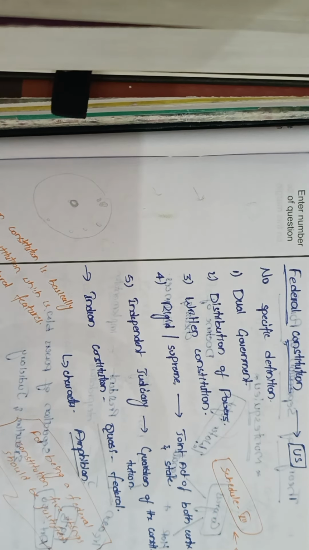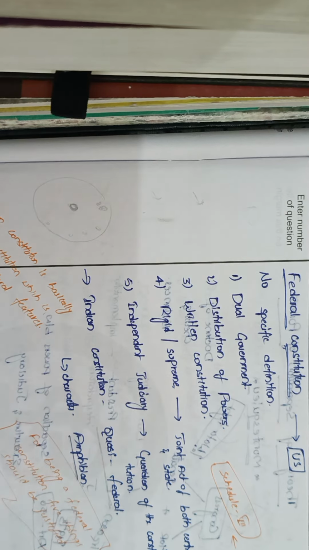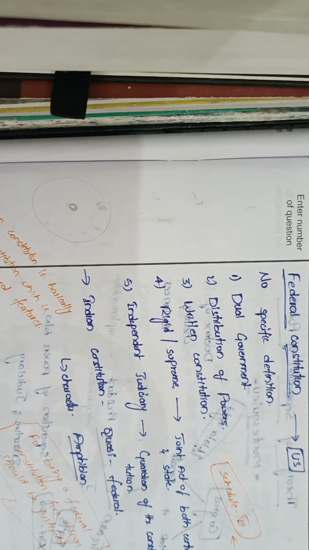No. Rigidity means both the center and the states have the power to amend the constitution. No state alone has the power to amend it, and no center alone has the power to amend it. This is called rigidity or supreme. It has been brought from the joint act of both center and state in our constitution. It is just like sui generis.